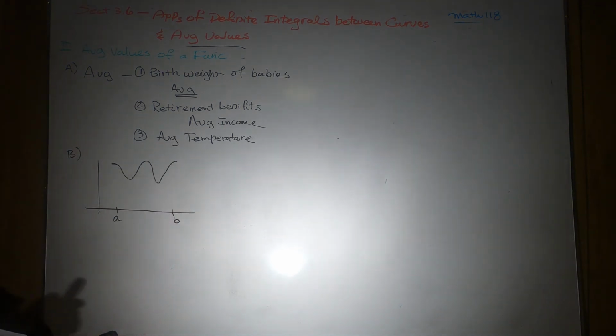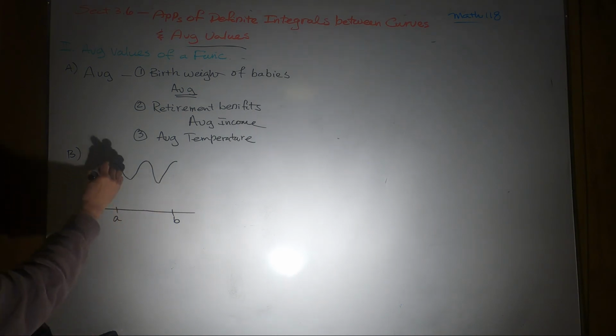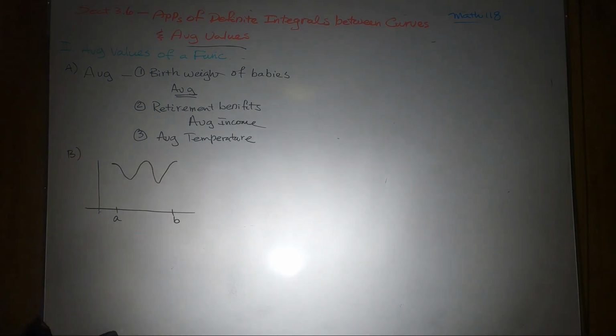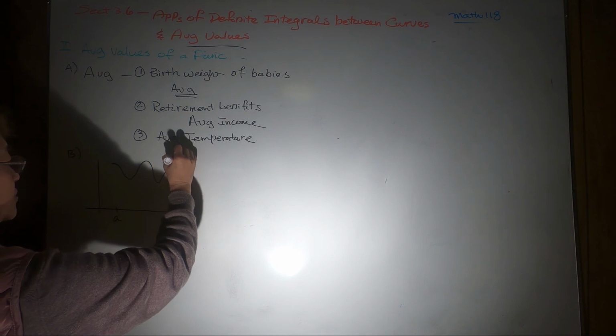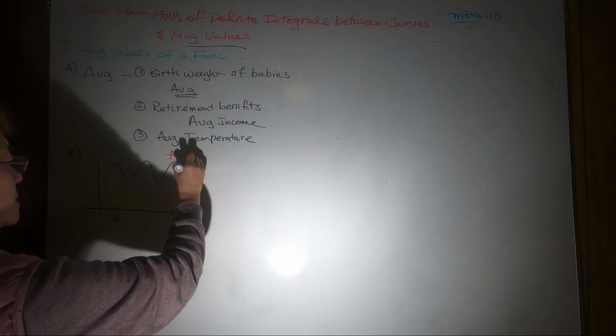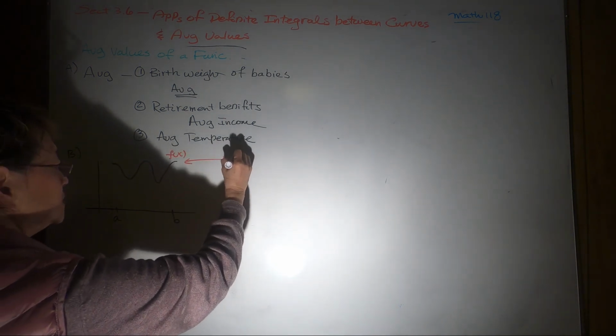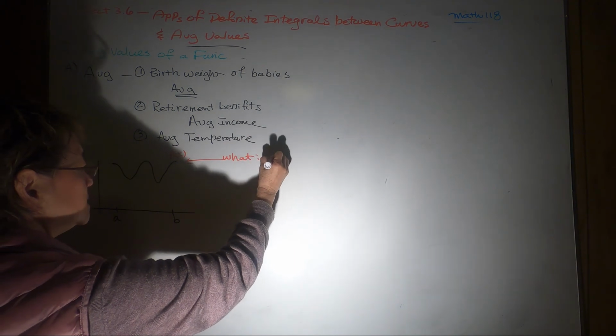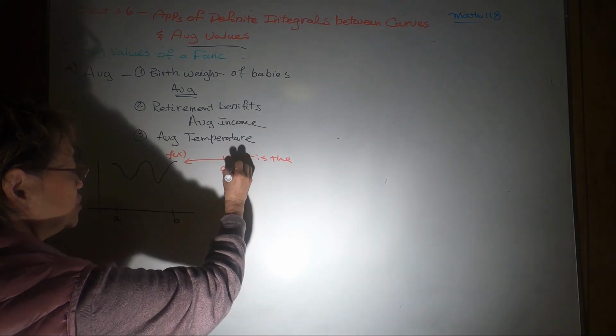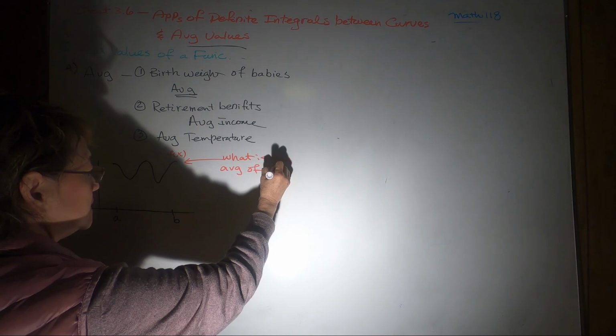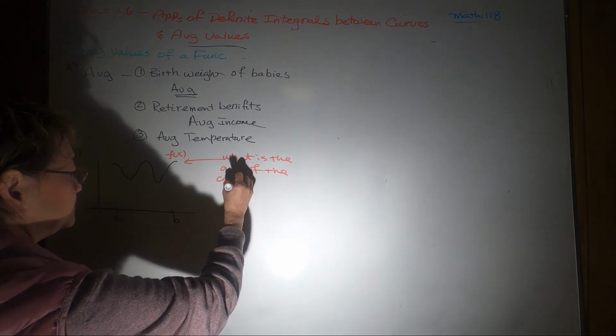All right. So that's my function. It's a curve, right? Then what's my average of this curve? So this is my function, like temperature, right? So the question is, what is the average of the curve?